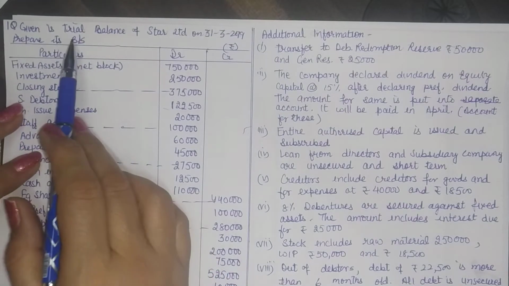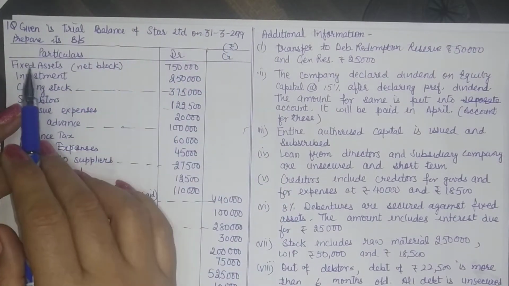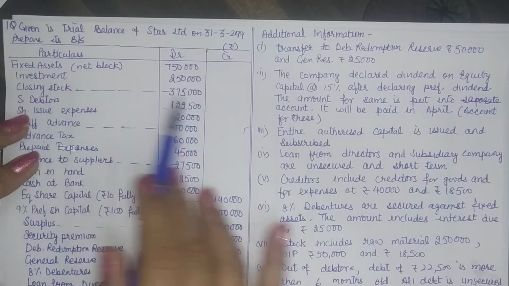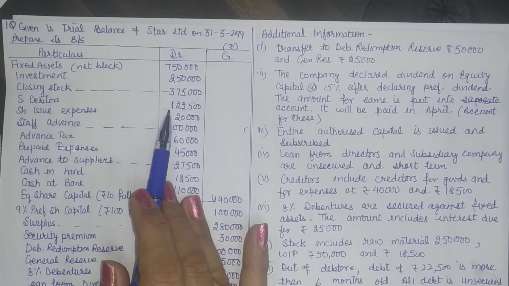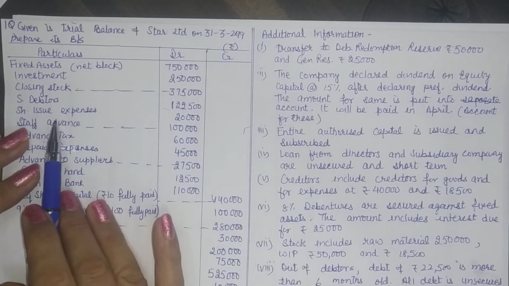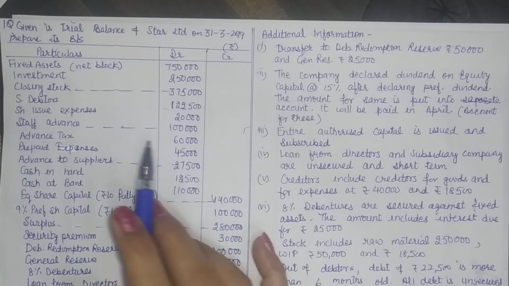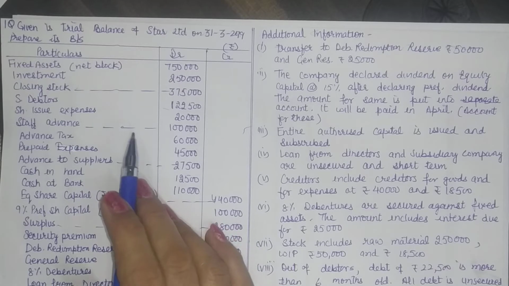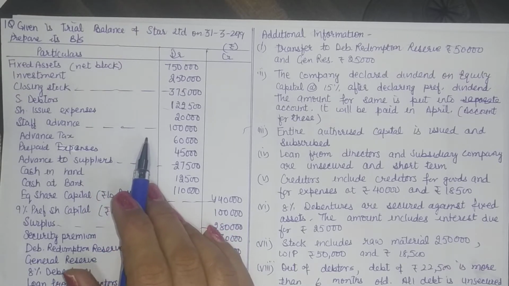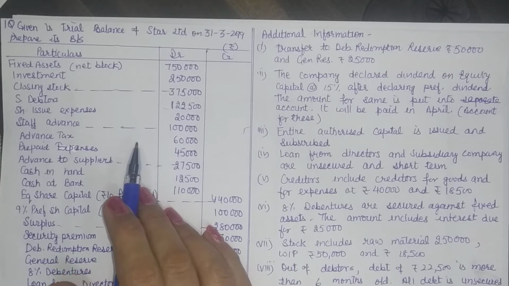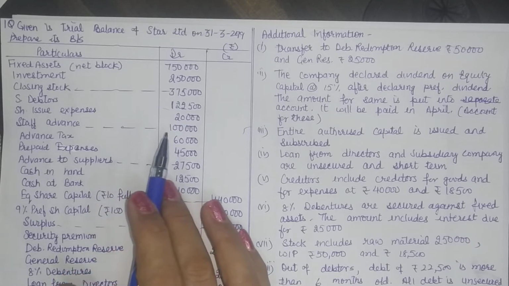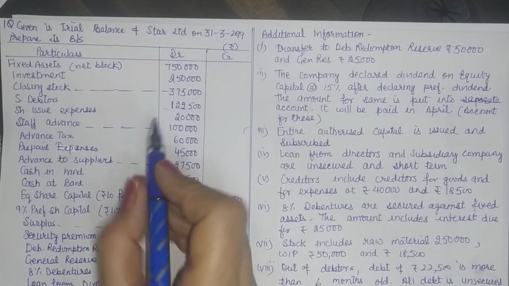So given is the trial balance of Star Limited: fixed assets, investments, closing stock, sundry debtors, very clear-cut categories. Share issue expenses. Now, share issue expenses is something that you paid and you are supposed to write off these amounts. These will come under other current assets or other non-current assets, depending upon the time during which you are to write off these expenses.